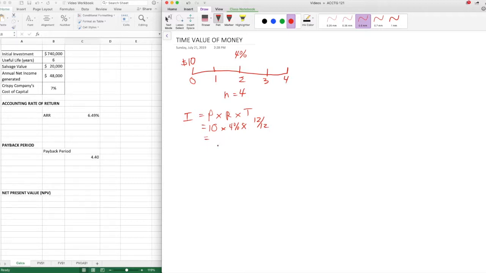What is 4% of 10? We get a 40-cent interest return. Now, if we have simple interest, that's all we're ever going to get every year. And so we can multiply that times 4 years, 40 cents times 4.